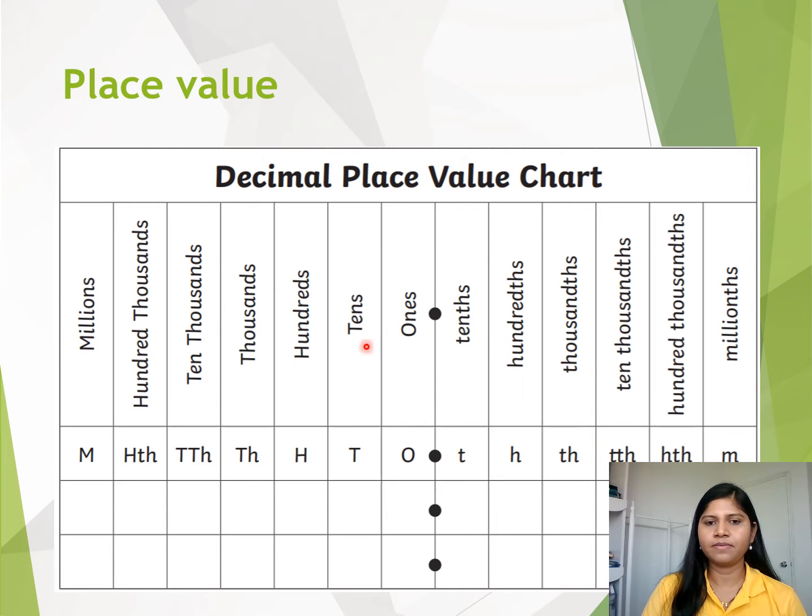If you notice, the difference between the place values of the whole numbers and the decimal numbers is, in whole numbers you see tens, T-E-N-S, whereas in decimal digits it will be tenths, that is T-E-N-T-H-S. So this is the difference between the place values of the whole numbers and the decimal digits, that is the part number.